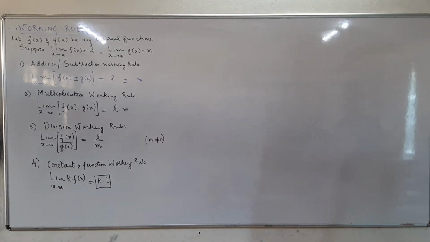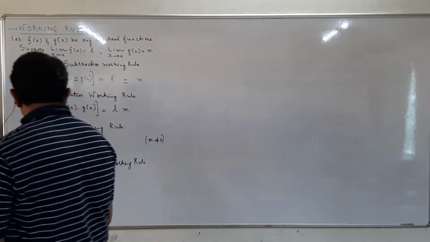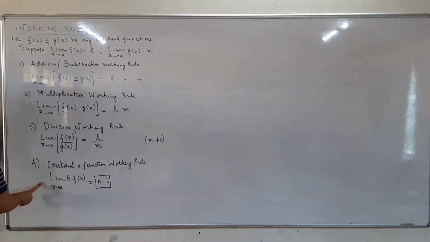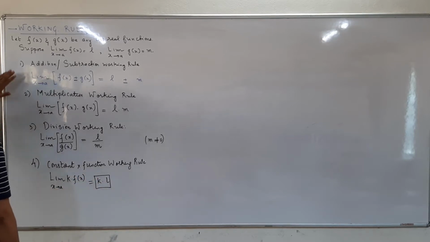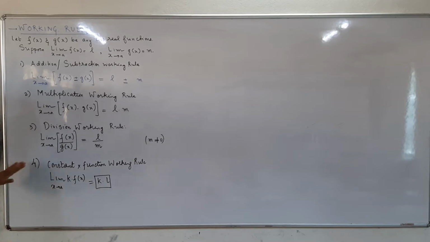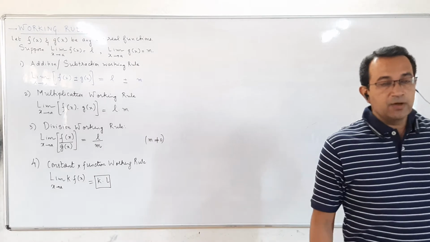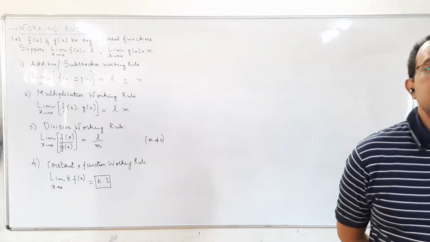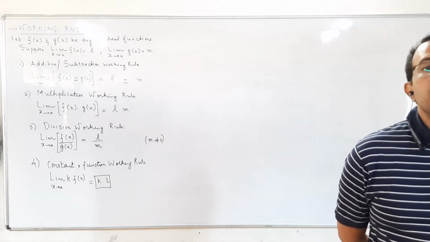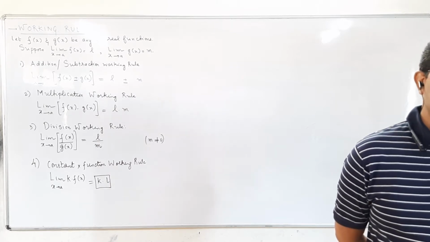So the fourth working rule is the working rule of constant into function. If a function is multiplied by a constant k, then k is taken outside, and limit x tends to a of f(x) is nothing but L. So these are 1, 2, 3 and 4, students, the 4 basic working rules of limit.